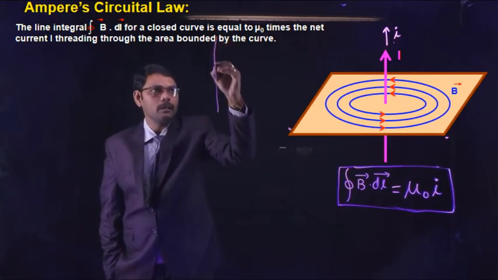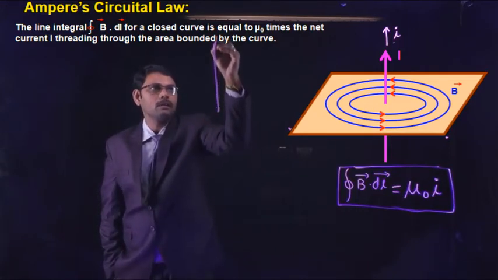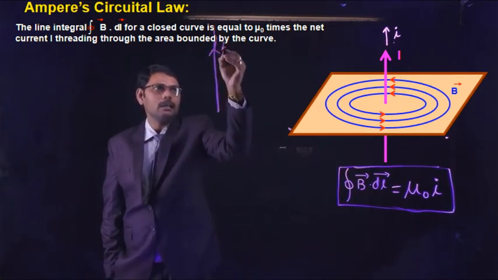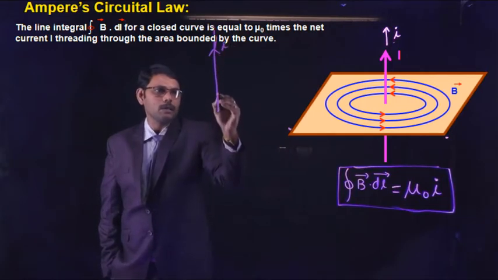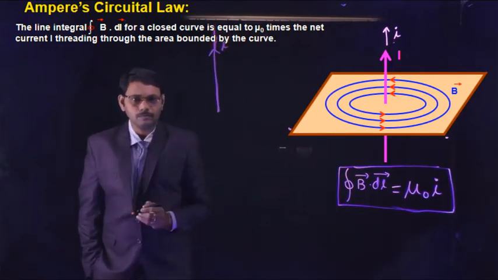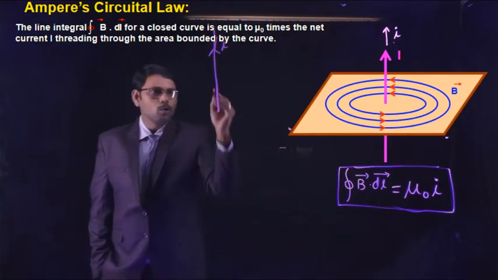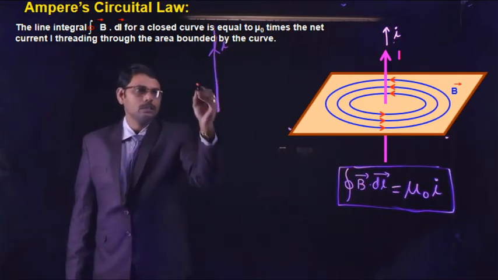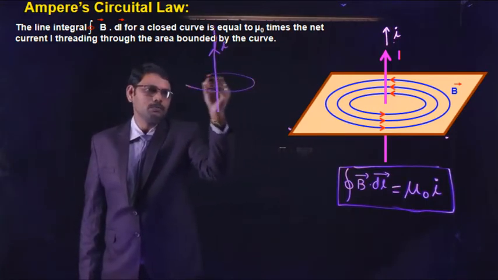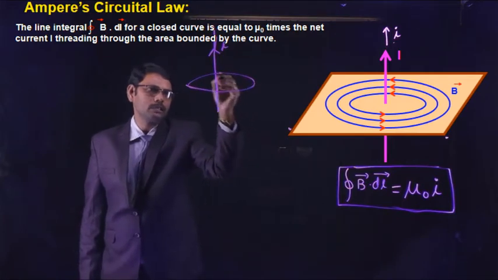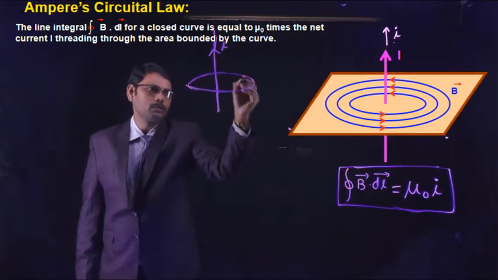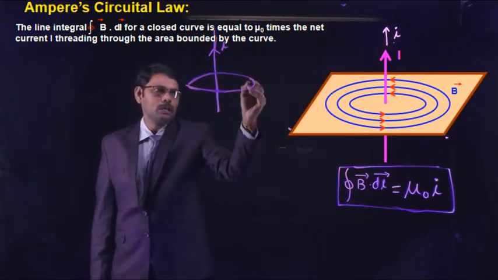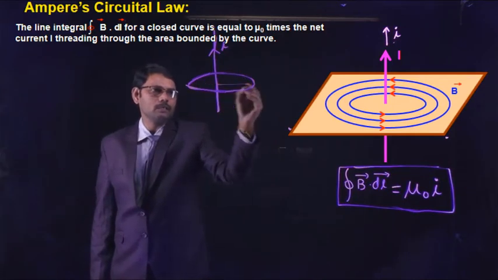Let us assume this is the straight wire carrying current I. Draw a closed loop around the current carrying wire of certain radius r. This is the closed loop drawn around the current carrying wire.